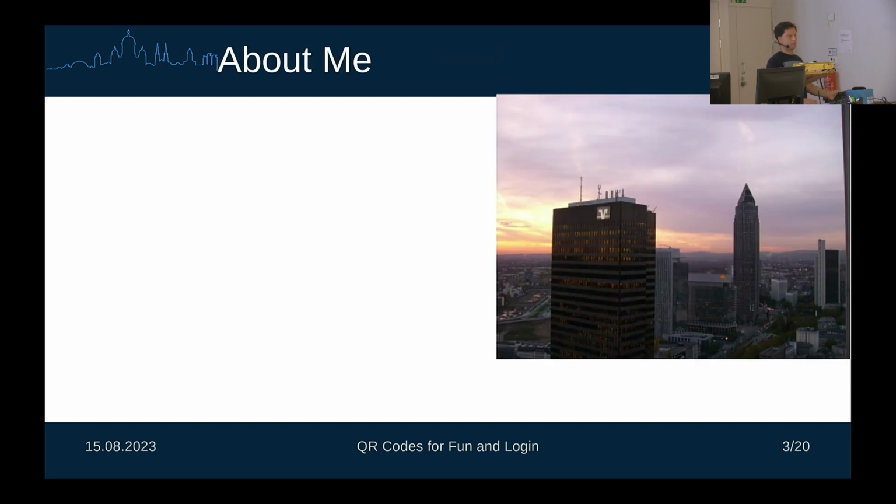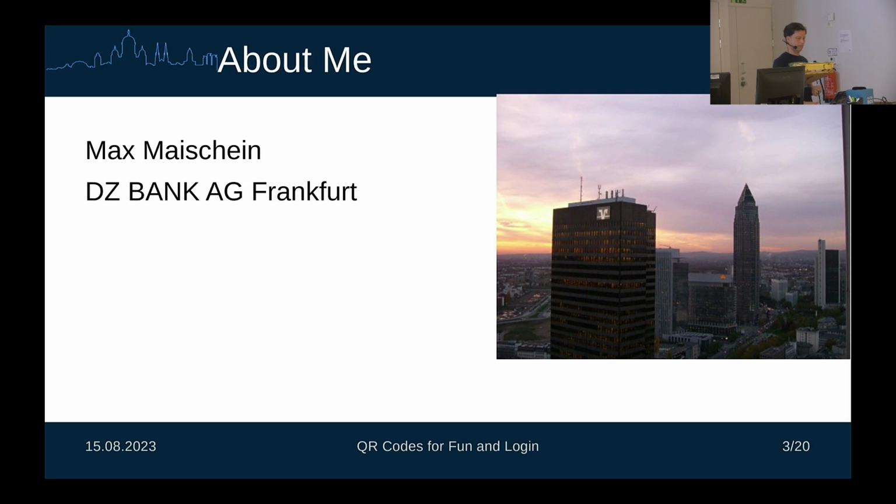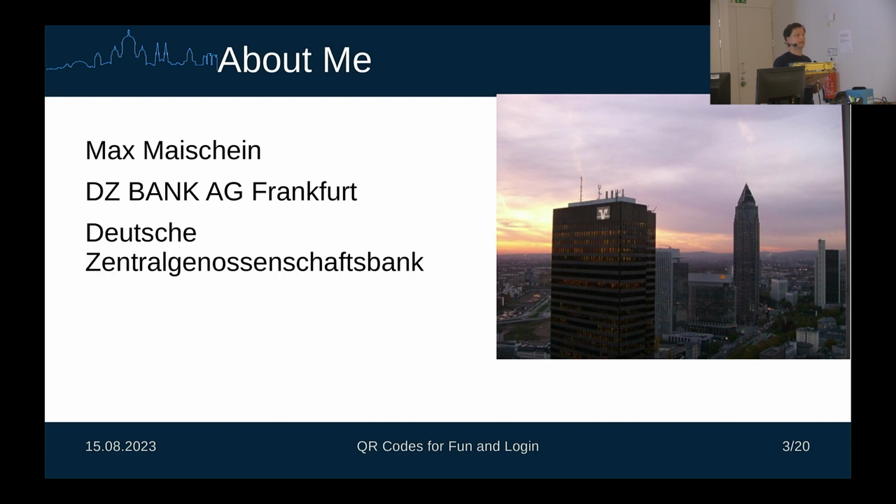Who am I? My name is Max Maischein. I'm from Frankfurt in Germany, and I work there for the DZ Bank, the Deutsche Zentralgenossenschaftsbank. It's the central bank of the German cooperative banks, and we provide central services for the smaller banks. But I'm neither doing Perl there nor doing library stuff there.